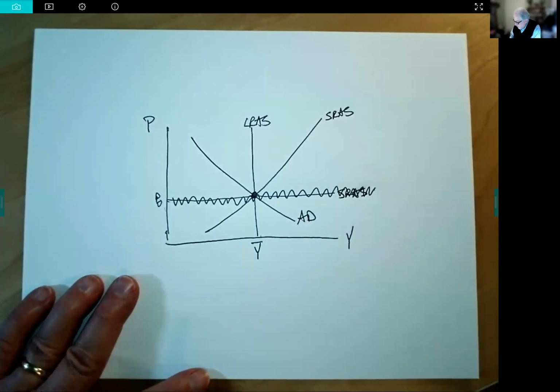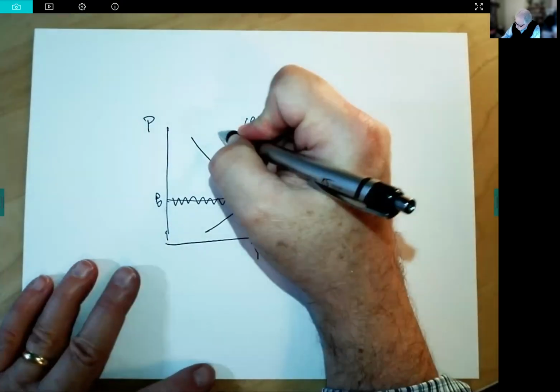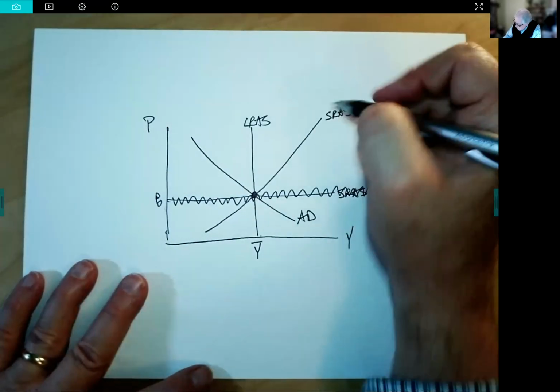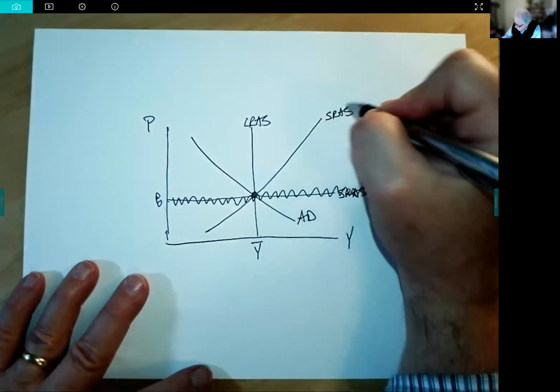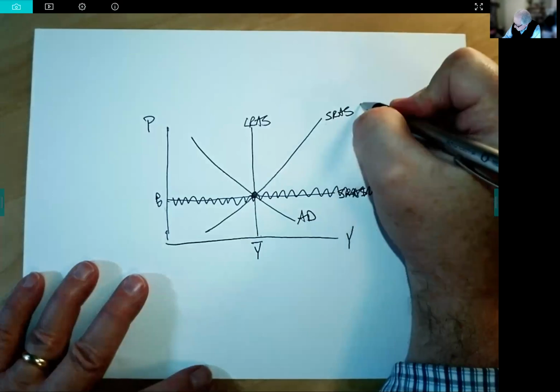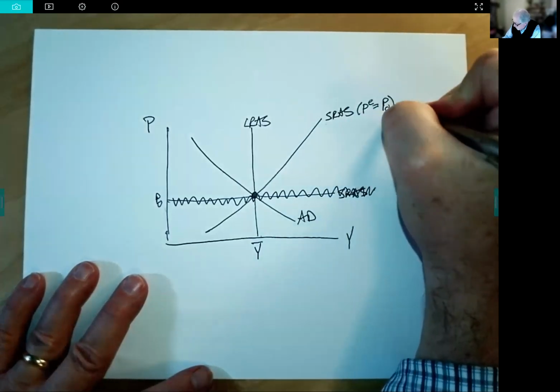Now the idea here is that this short run aggregate supply curve is based on some price level expectation of P0.